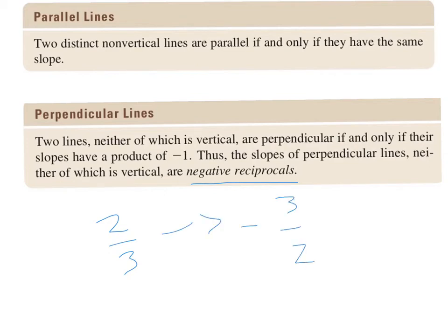And if the slope of one line was negative 1/4, the slope of the other line would be positive 4/1, which would just be positive 4. That's what it means by negative reciprocals. And opposite reciprocals, if you multiply them together, have a product of negative 1.